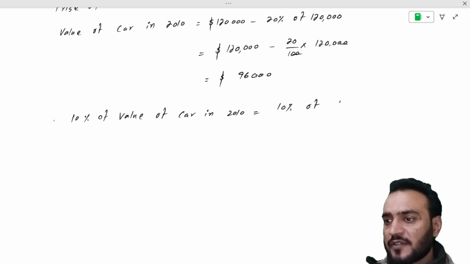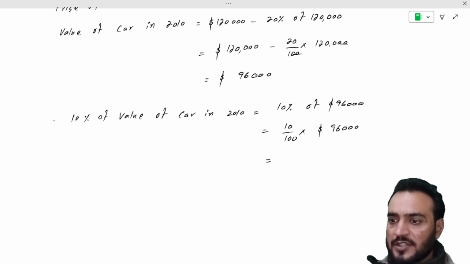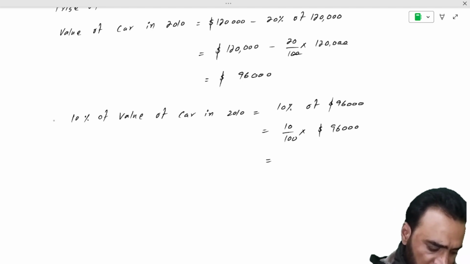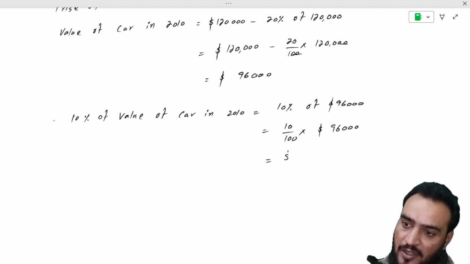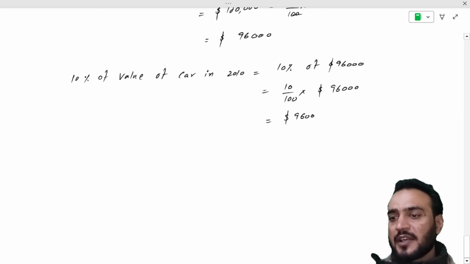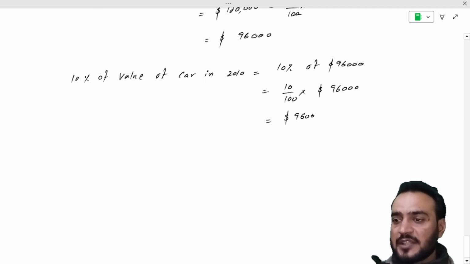So we find 10% of it: 10 over 100 times $96,000. After simplification, we get $9,600. So the decreased value is $9,600.